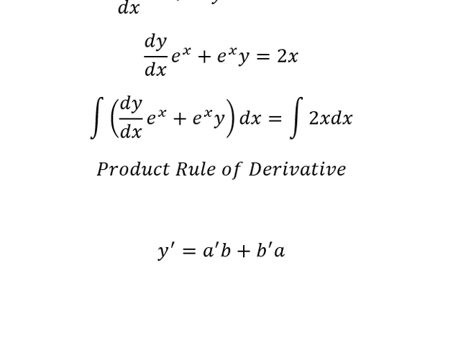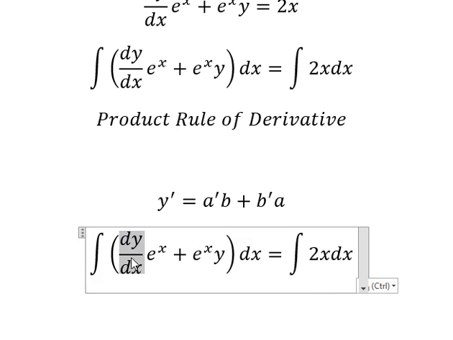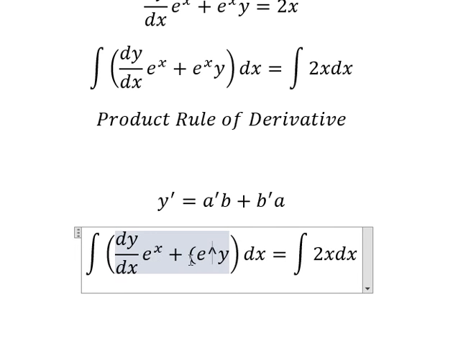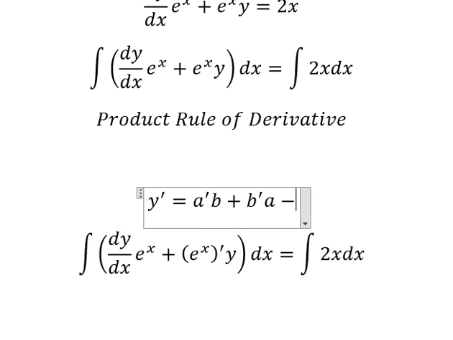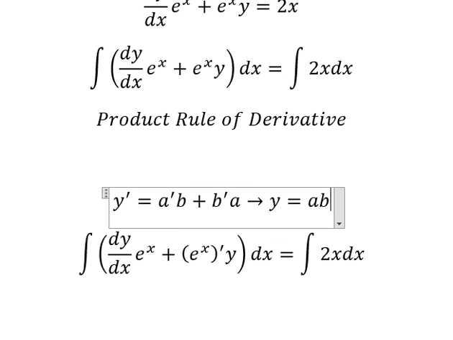So we know that we have the first derivative of a multiplied by b. This one is about the first derivative of b multiplied by a. So the integration of this one, we have y equals ab.